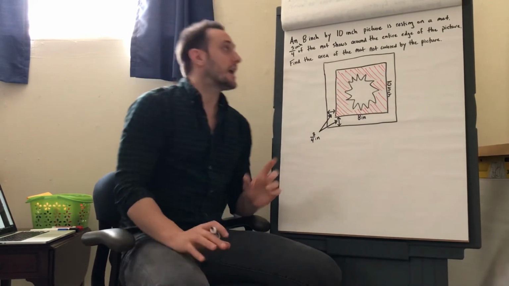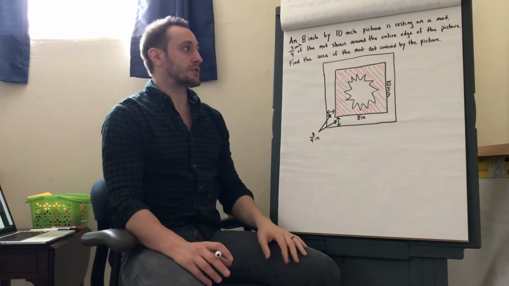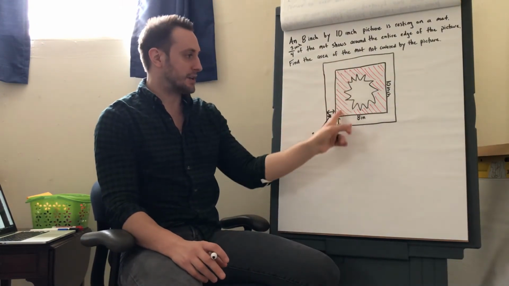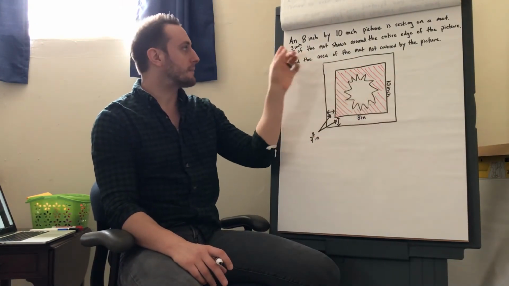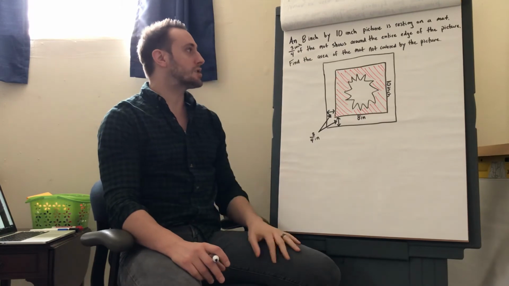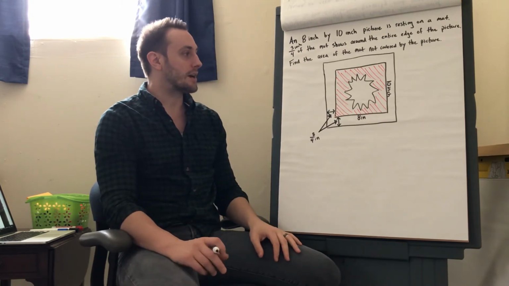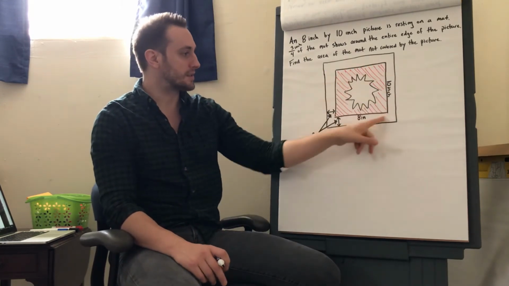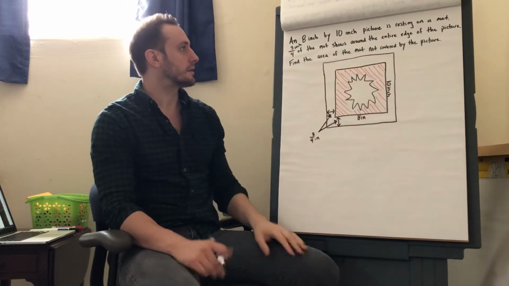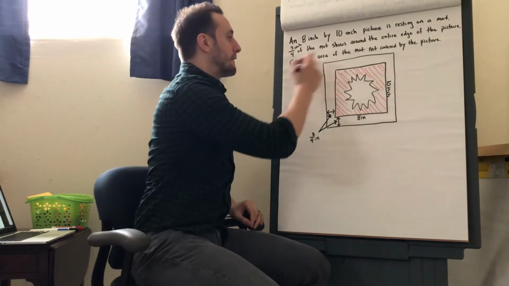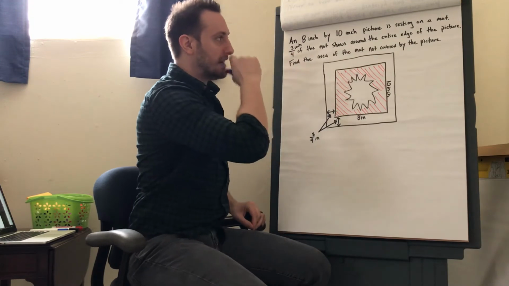All right. An 8-inch by 10-inch picture is resting on a mat. That's the picture. It's resting on a mat, okay? 3/4 inch of the mat shows around the entire edge of the picture. So all of this is 3/4. Okay, so let's go ahead and find the area of the mat not covered by the picture.